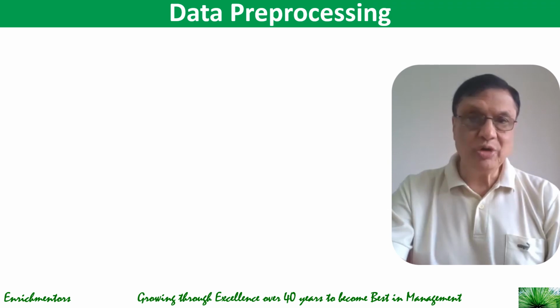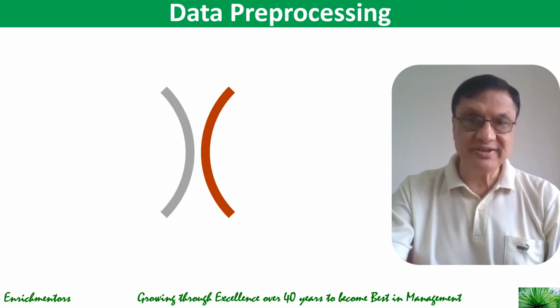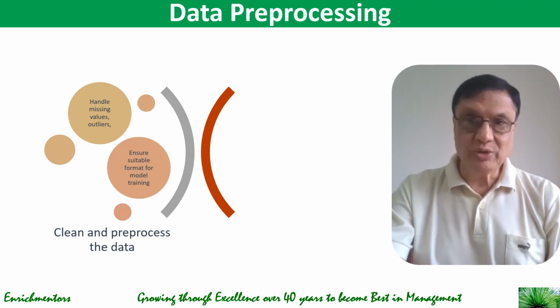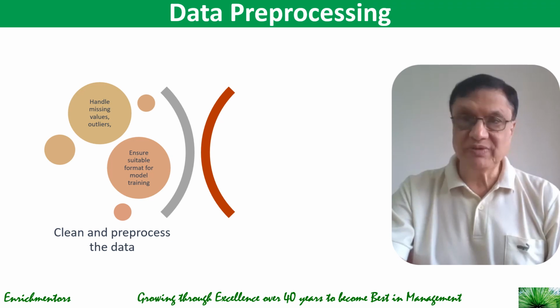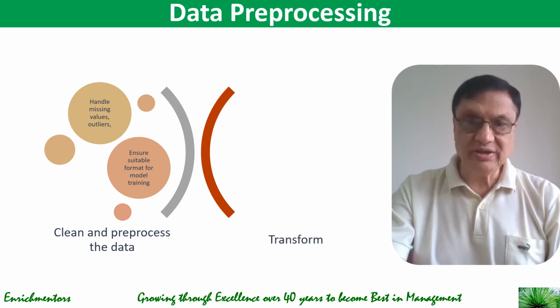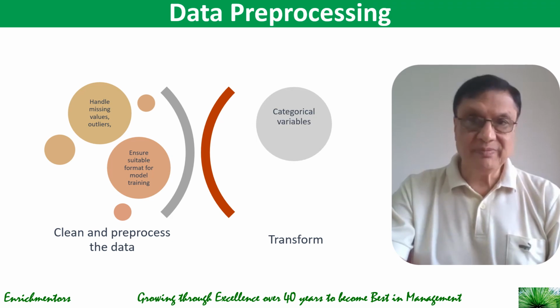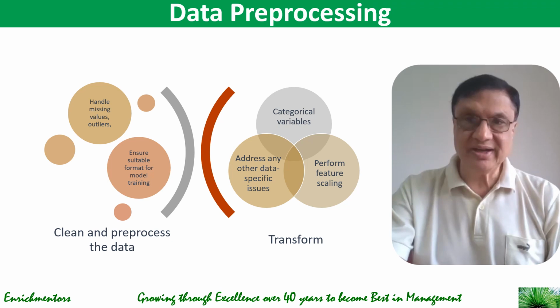Then you need to go about cleaning and pre-processing the data to handle missing values, outliers, and ensure that this is in a suitable format for model training. Then transform categorical variables, perform feature scaling, and address any other data related issues. So that's how you pre-process the data.